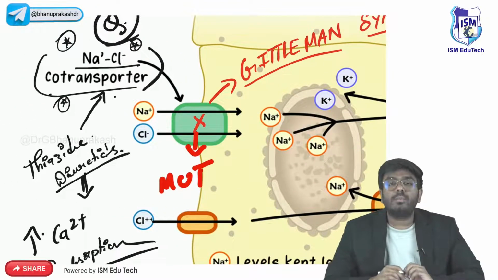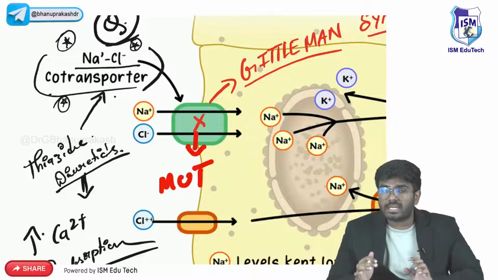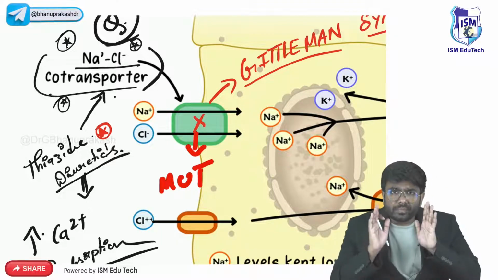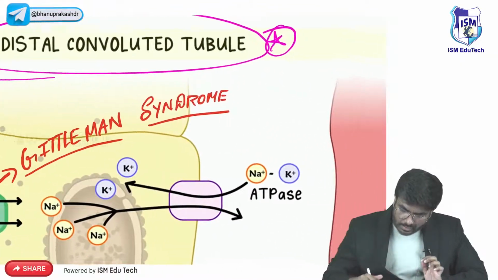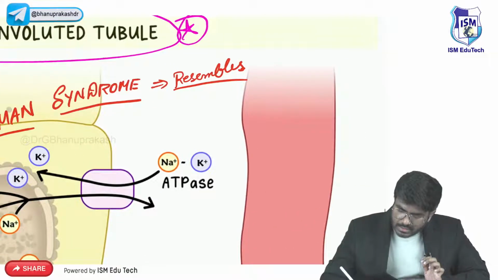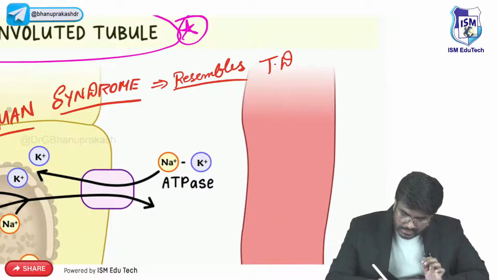Who blocks this transporter with the help of a drug? Thiazide diuretics. So that's why we say Gitelman syndrome resembles thiazide diuretic overusage.